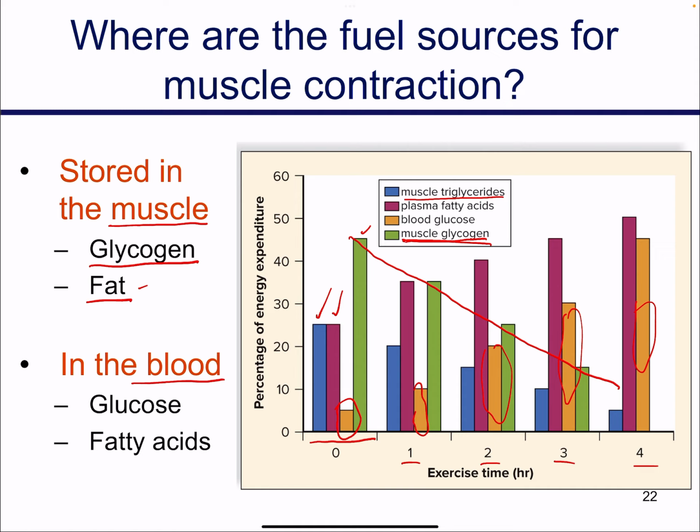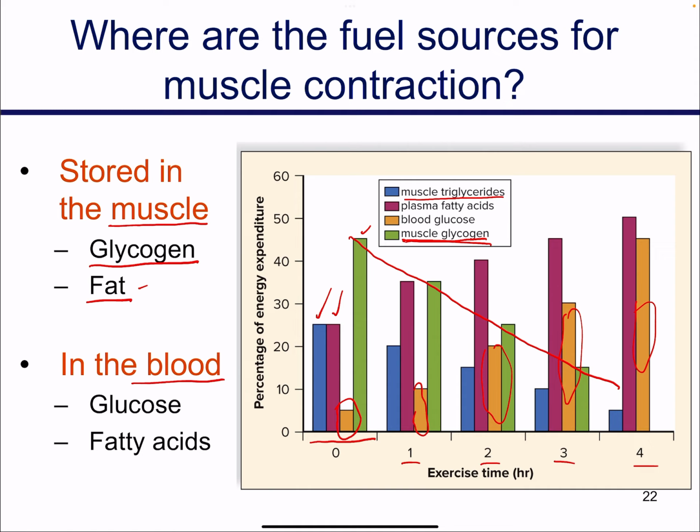So as we exercise, we are using up glycogen like crazy. That glycogen is the glycogen that is in the muscles. Makes sense? It's the source of energy that is right there, right? So that's for the muscle glycogen.